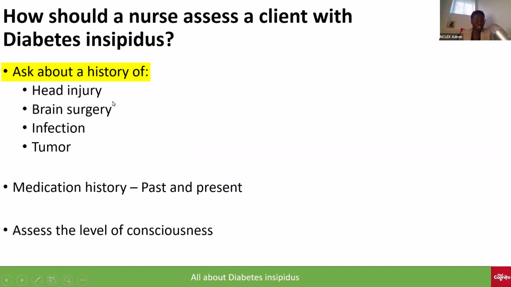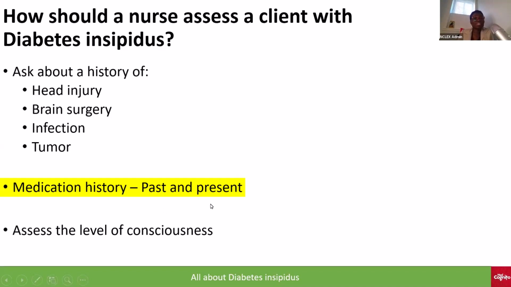So we have to know whether this client has had any head injury, any brain surgery, any infections to the brain, or any tumors. And you remember that some medications have side effects presenting as diabetes insipidus. So you have to do a medication history, know about the past medications that the client has been on and the present medications.